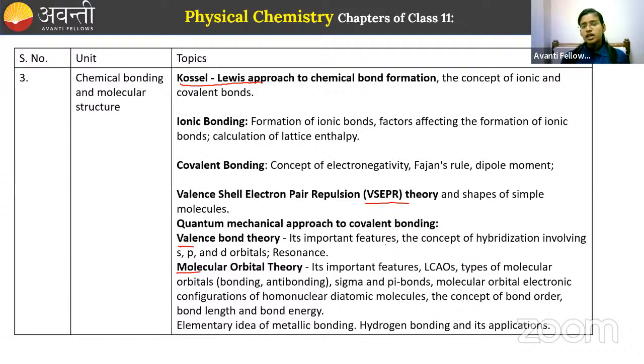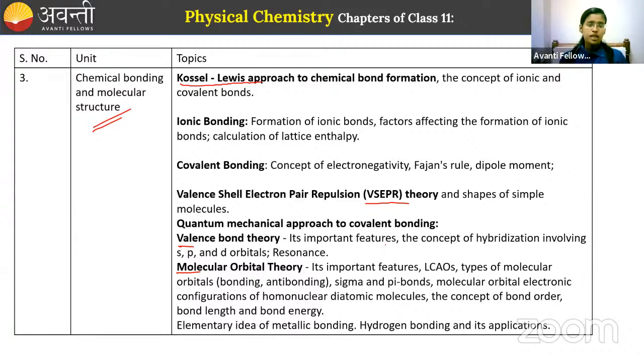So these four theories are very important for this lesson, and this lesson has a high weightage in class 11 for physical chemistry. More questions have been asked so far from this lesson, and it is a very, very important and basic lesson to the entire chemistry, I can say.